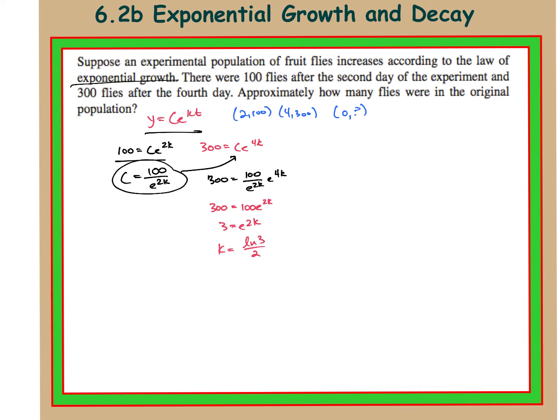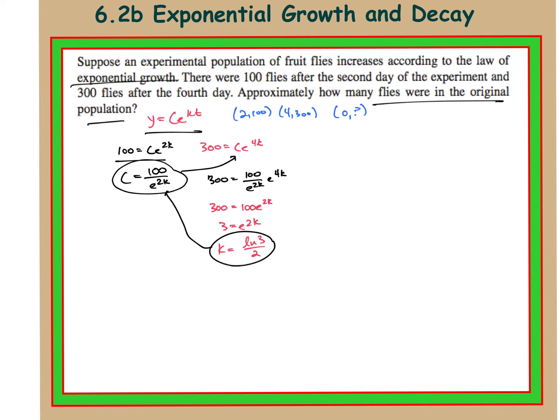Now, it says approximately how many flies were in the original population. So basically, I'm solving for what? 0, C. I'm solving for C. So now I can take this and substitute in right there. You can use a calculator if you'd like. This one doesn't actually need a calculator. Oh, 33 repeated.